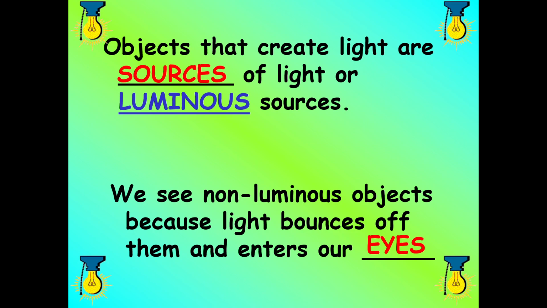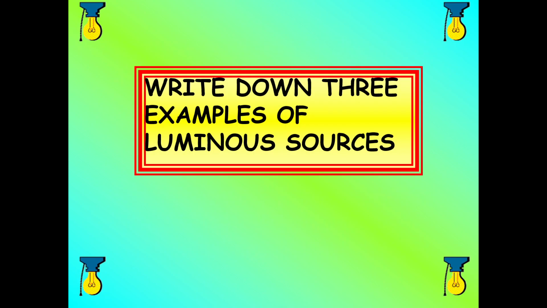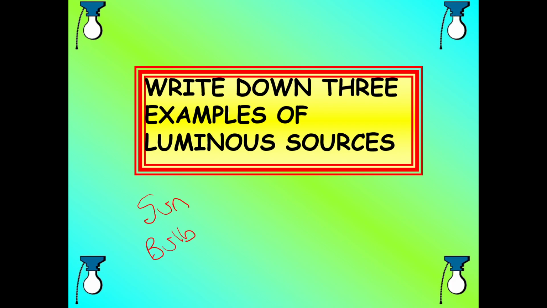So luminous sources are anything that makes its own light. I gave you a couple of examples a moment ago: you've got the sun, you've got anything that's got a bulb in it, so lamps, torches, lights, and things like fire that generate their own light source.